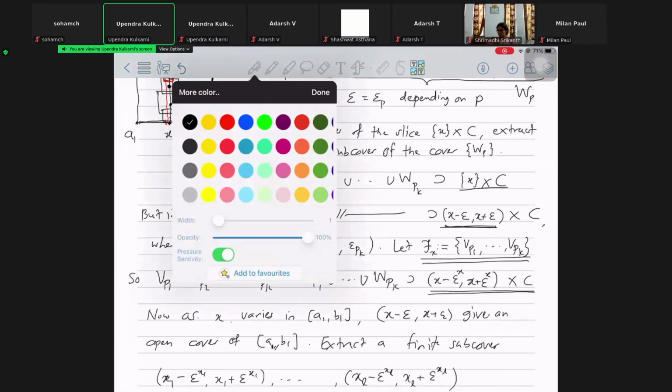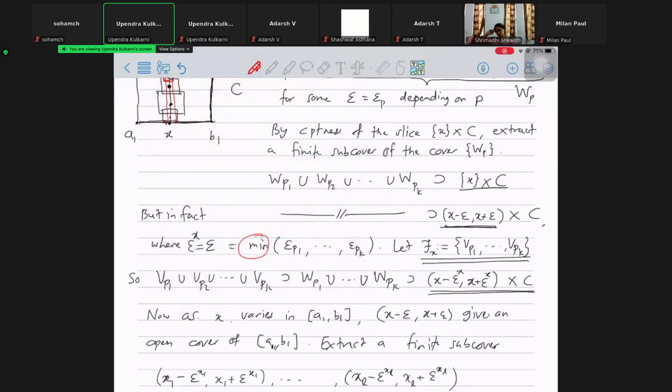So maybe this is worth writing, and I'll write this down over here. Not just the slice.